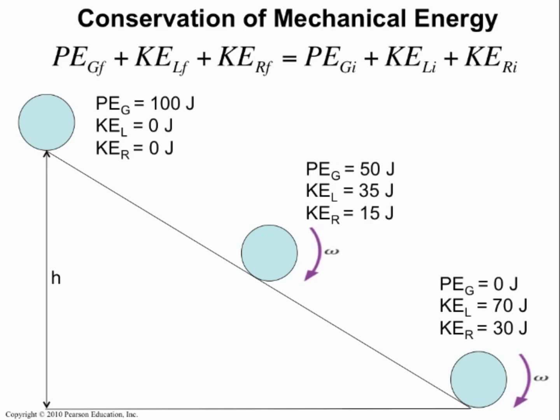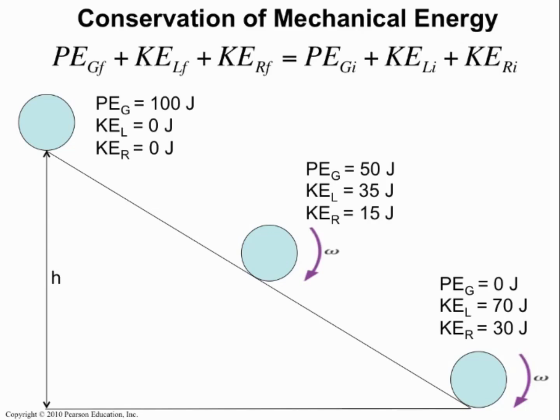Some moments of inertia convert more of that potential energy into KEL. Some convert more into KER. But in any case, the total energy of the system remains the same, so that's why we call it conservation of mechanical energy. In this system, the level of energy is 100 joules, and that remains the same throughout.